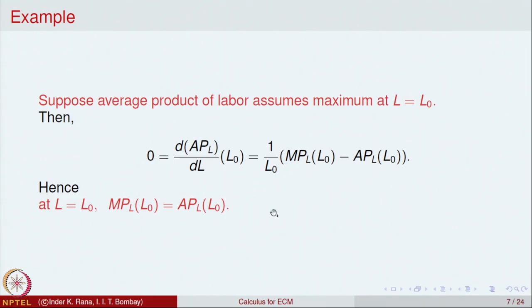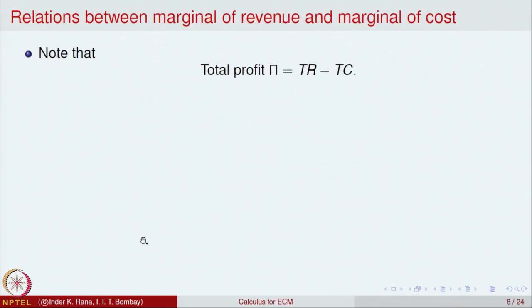So, this gives us a way of asserting that for any production function of labor, if we look at the average product of labor and then maximize it, then the value at the maximum point L0 is the same as the marginal product at the point L equal to L0. So, this is a general formula, and we verified it in the previous example.